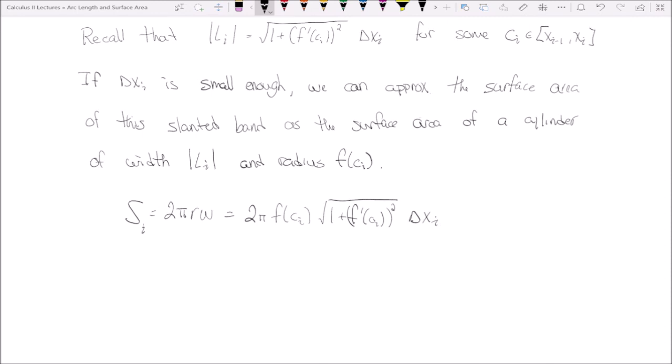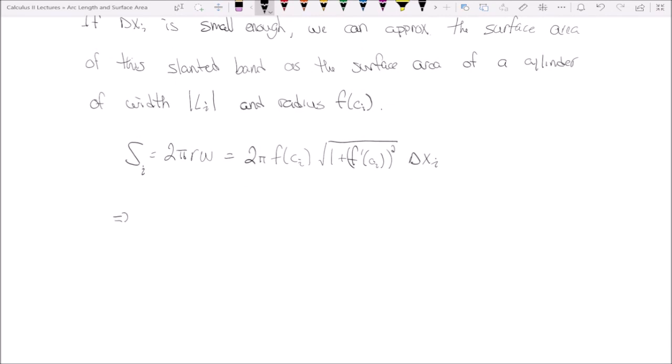Let's call that the surface area of cylinder i. Obviously, this means that the total surface area is the sum as i equals 1 to n of all of these individual surface areas.